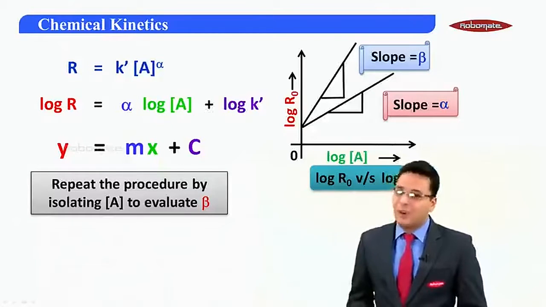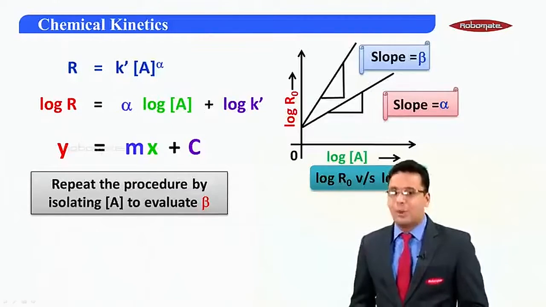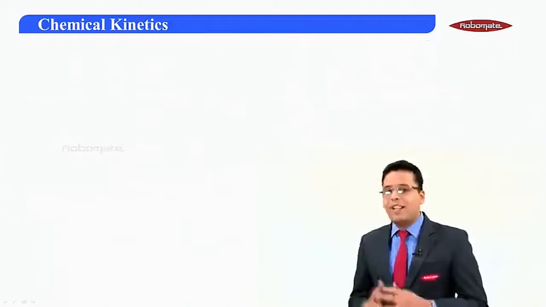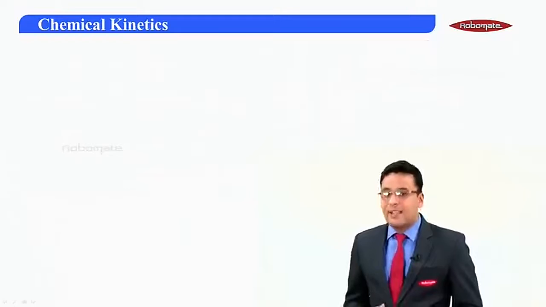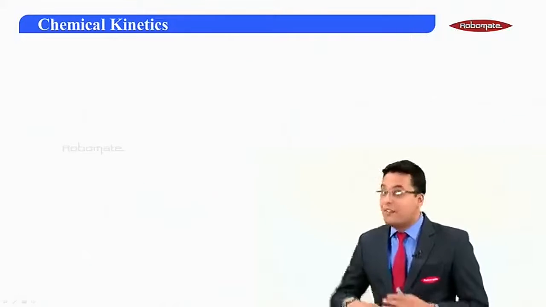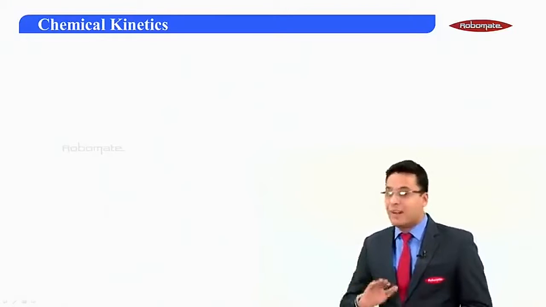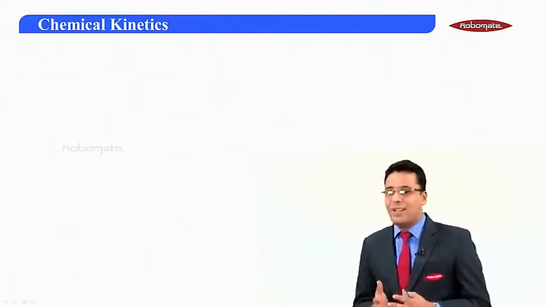So this is how you can obtain the value of alpha and beta. Now, the advantage of this method is that you can also obtain fractional value of order, because alpha and beta, being the slope, need not be an integer value.